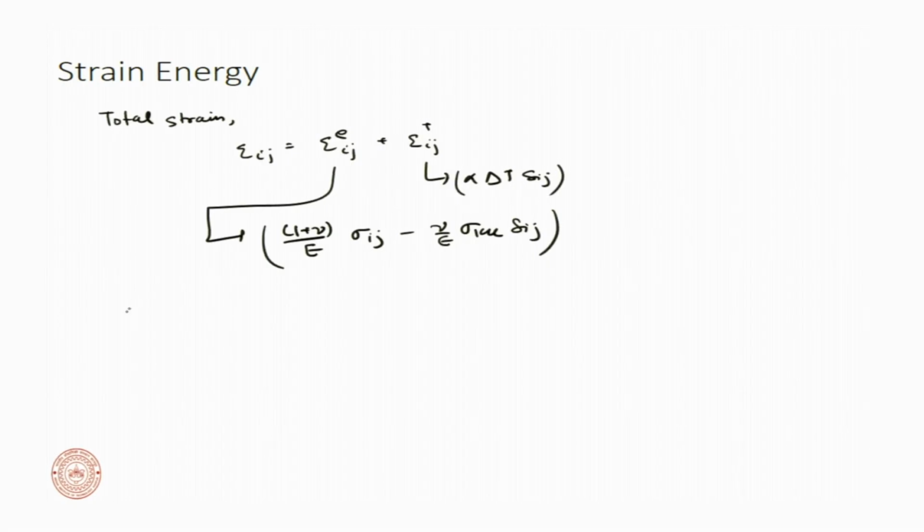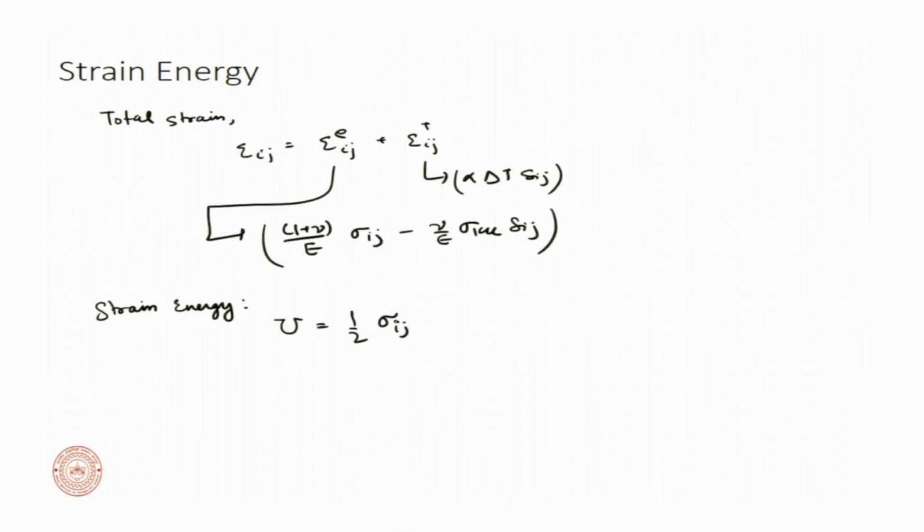Okay. If that is the case, then we can find out what the strain energy is. The strain energy of a body is given by U equals 1/2 of the product, that is, we are talking about tensor double dot products, right. So sigma ij epsilon ij, but only the E term, that is our elastic part of our strain tensor. So it is 1/2 sigma ij e ij. In terms of just sigma ij, it is (1 plus nu) over 2E sigma ij sigma ij minus nu over 2E sigma kk sigma jj.